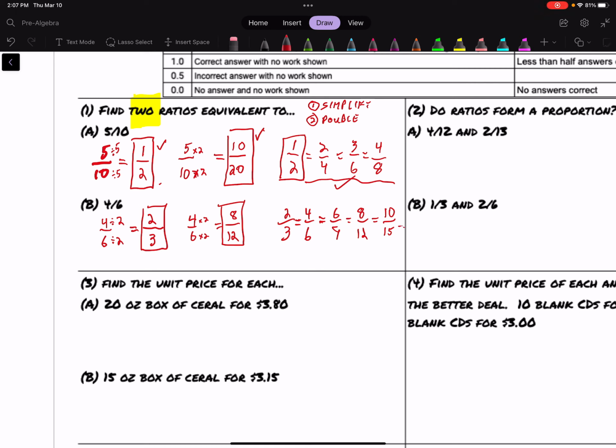I could do that forever. So here's some other numbers I could use. And that's how you find ratios equivalent to a ratio you're given or a fraction that you're given.